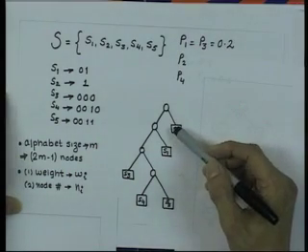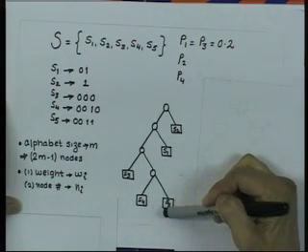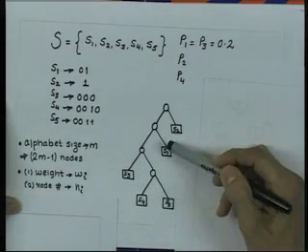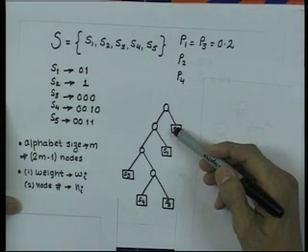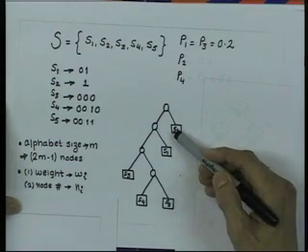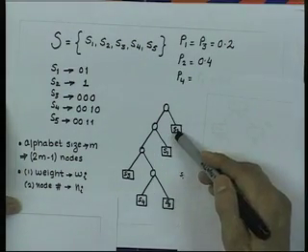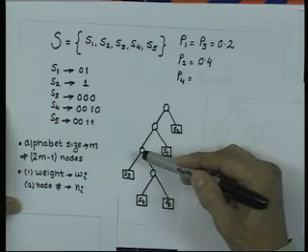The weights for the external nodes or the leaves corresponding to a symbol is the probability of occurrence of that symbol. So, the weight of S2 would be 0.4 and the weight of S3 would be 0.2.